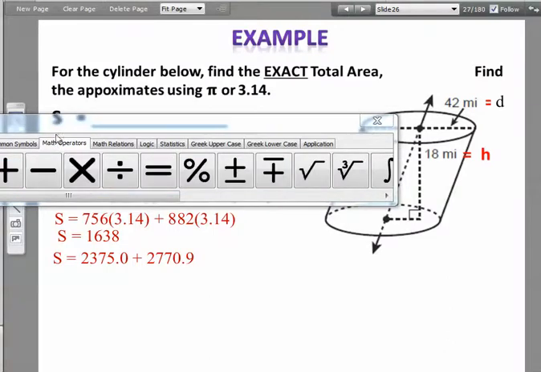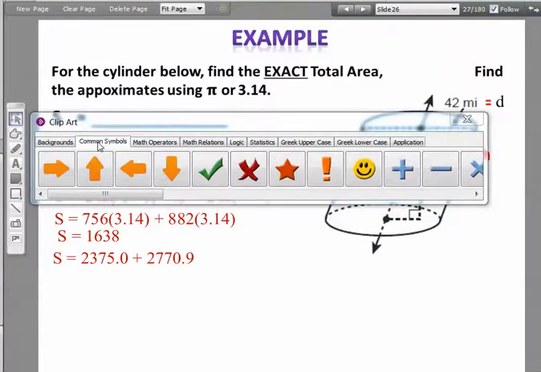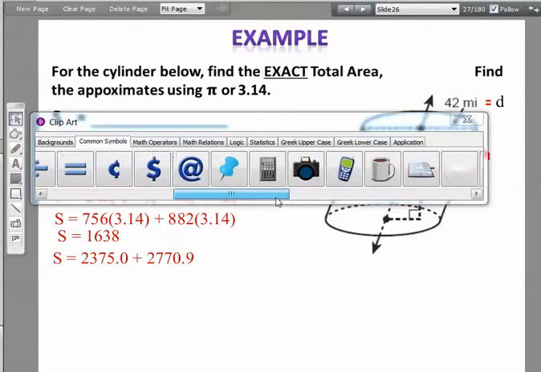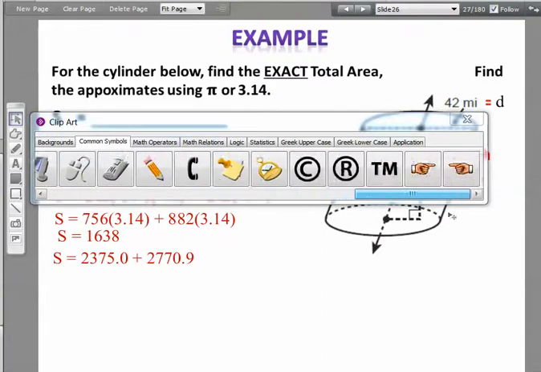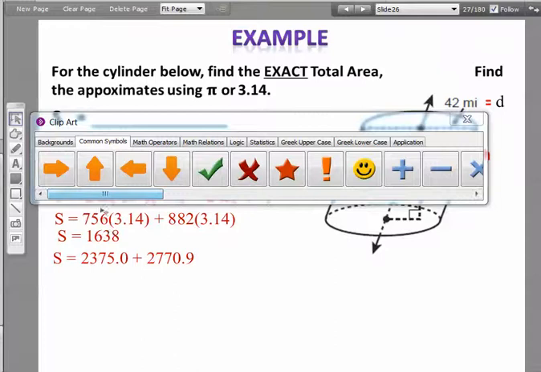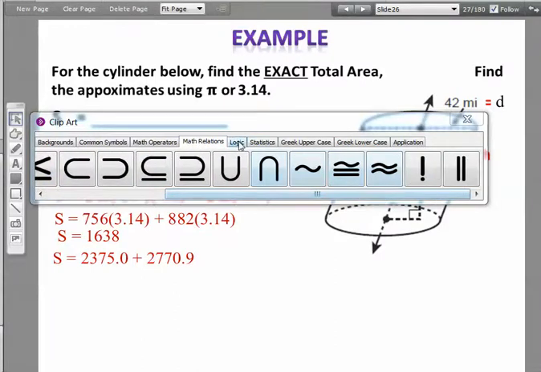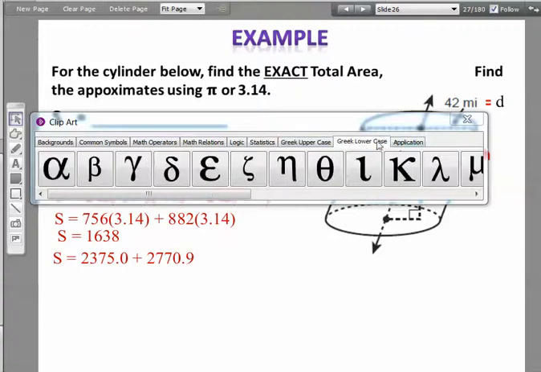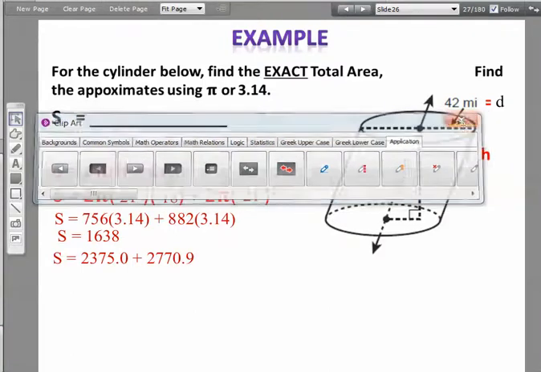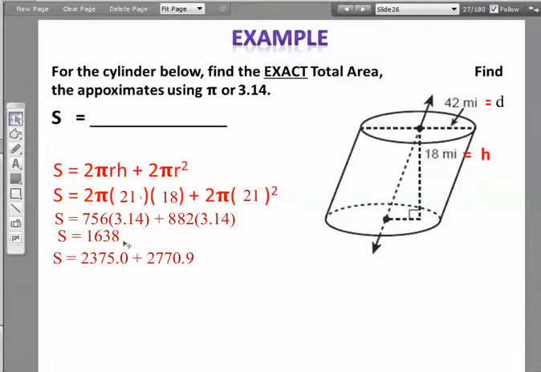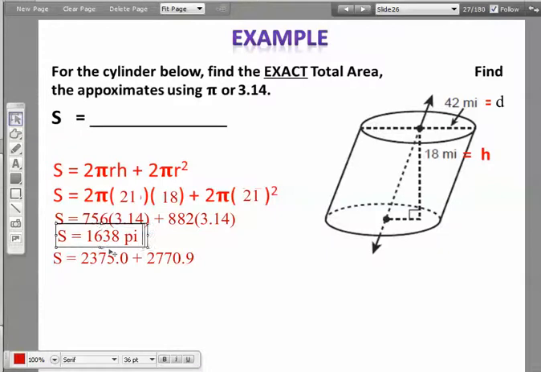Math operators, common symbols. Well, maybe there's not a pi in here. I could have sworn there was. Nope. None of them. Okay, so when I'm leaving it in terms of pi, what I'm going to do is come down here and write out pi. And that is miles squared.